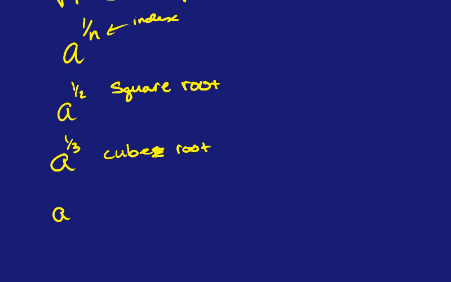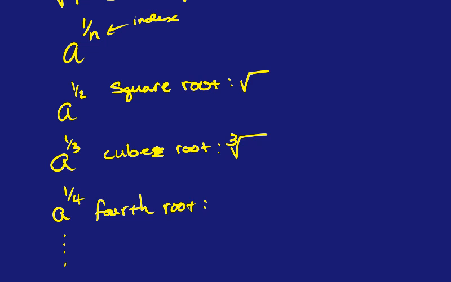And then a to the 1/4, and so on, you could keep going, would be the 4th root, is how you would say it. In each one, except the square root, we write the index. For the cube root, it's a small little 3 right there in the little corner. And then the 4th root, you would put a little 4 there as the index.